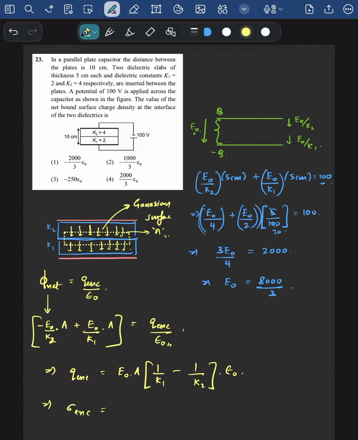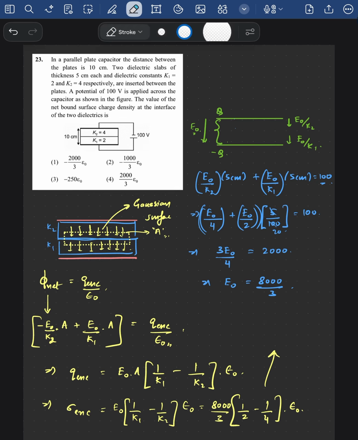It will be equal to E naught of 1 by K1 minus 1 by K2 into epsilon naught, which is equal to 8000 by 3 into 1 by K1 is 1 by 2 minus 1 by 4 of epsilon naught, right? So this value will turn out to be 2 minus 1, so 1 by 4. So your surface charge density enclosed will become equal to 2000 by 3 epsilon naught.